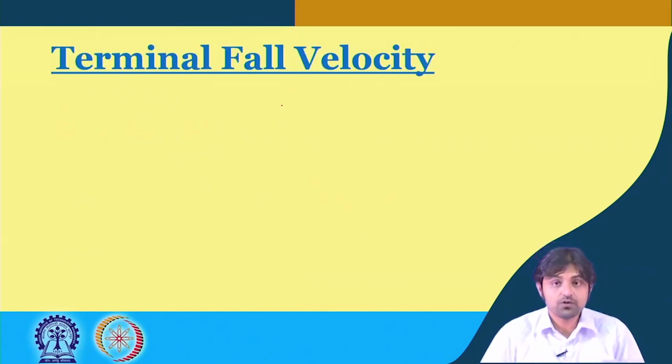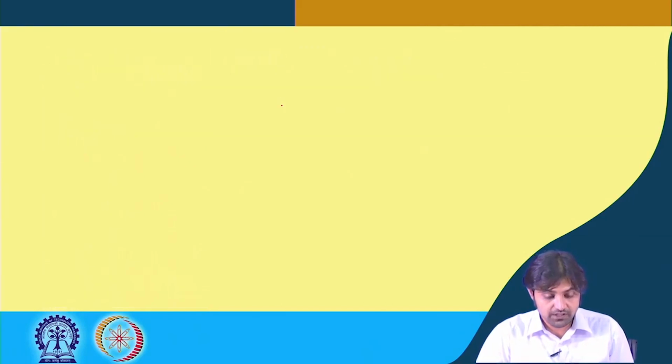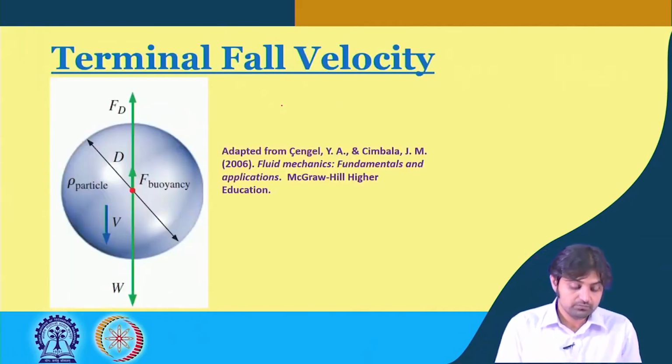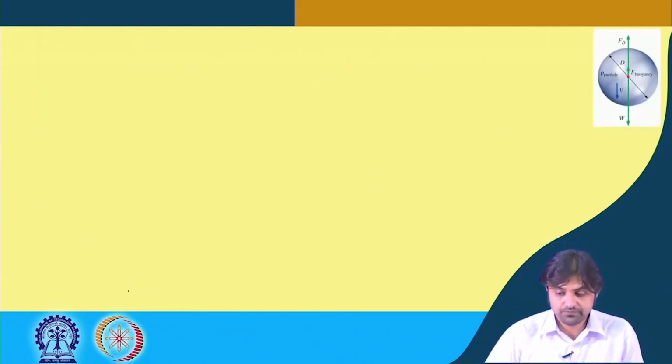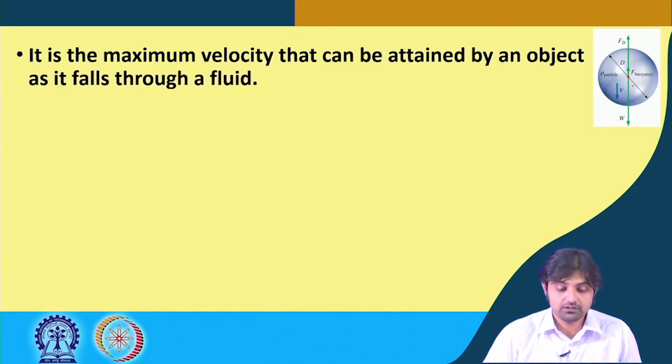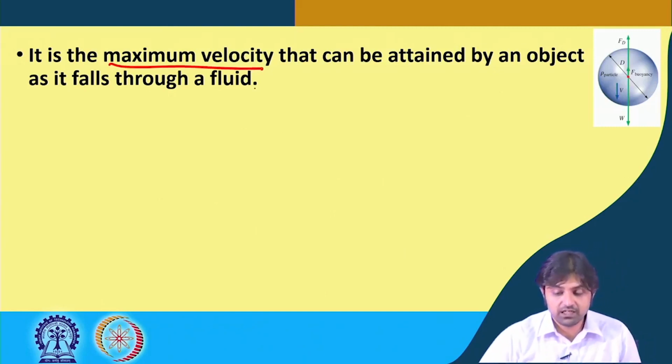After this we are going to calculate the terminal fall velocity. If there is a sphere falling through a liquid, there is the weight acting and there is a drag force acting against its direction of motion. We are going to see how we arrive at the terminal fall velocity. For the sake of ease, I have put a figure on the top right corner where you can see the sphere. So what is terminal velocity? It is the maximum velocity that can be attained by an object as it falls through a fluid.